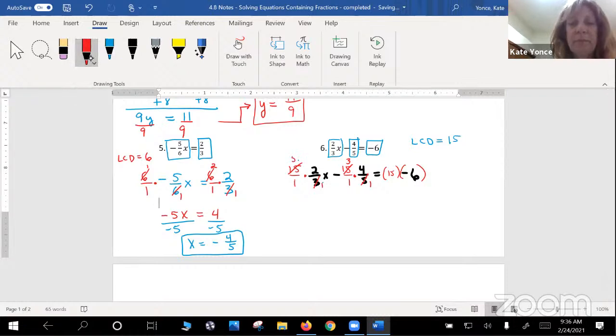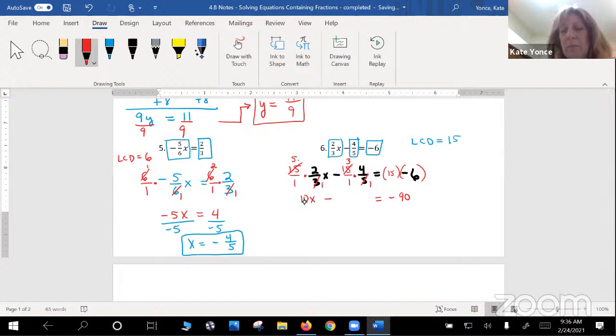And then 15 times 6 is -90. And there's no cross canceling on that one, because the 6 isn't a denominator. What are we going to get over here? Do I then do 5 times 2? Yeah, 5 times 2, and then there's an x also.